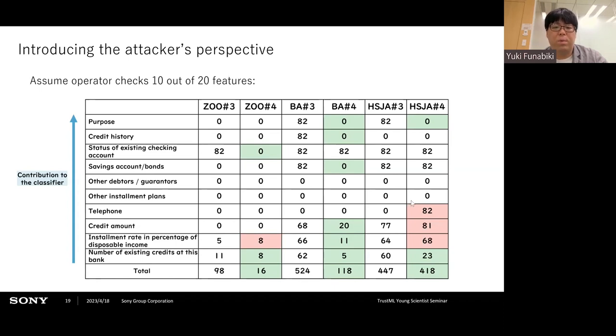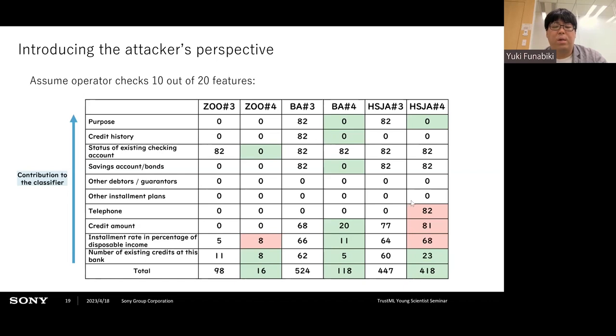In the XGBoost model, we can check feature importance, which means which column contributes to the output. So we rank feature importance for each column and select 10 columns that could be monitored by operators.